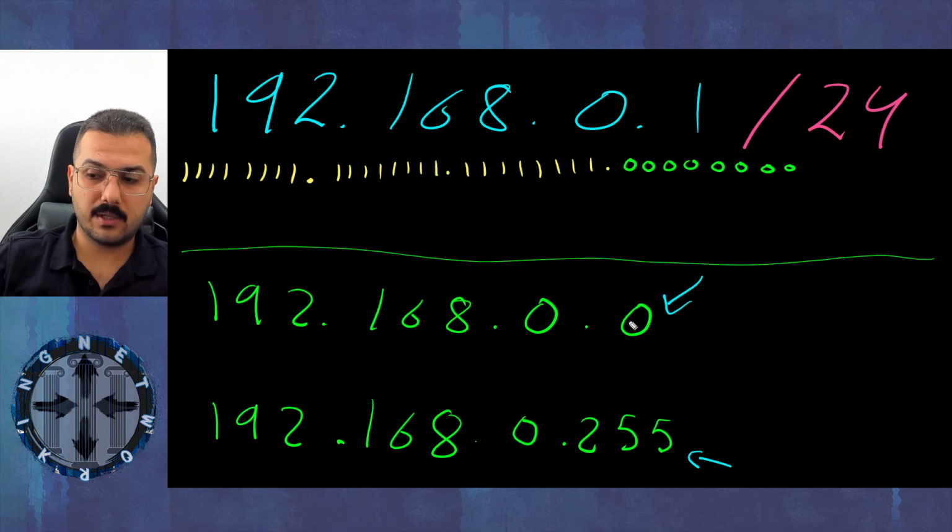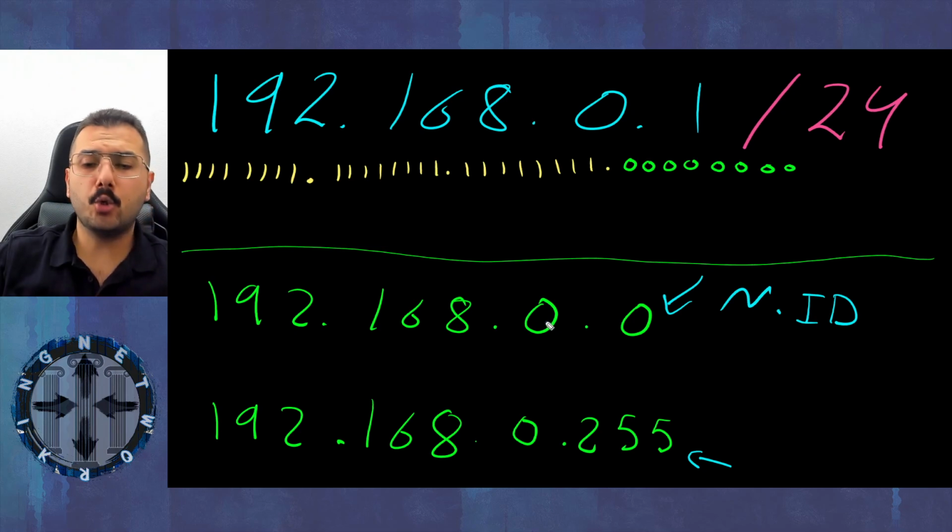Are these IP addresses usable? No. Why? Because the very first one is called the network ID, not to be used on computers, to be understood as an identifier between the network components only. You will not touch it.